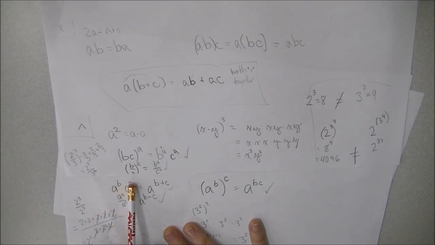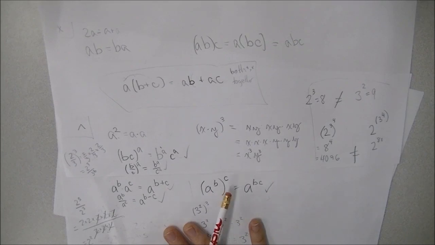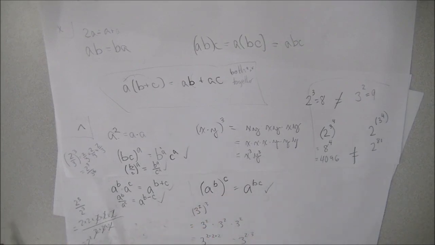What happens is the exponents will either add or subtract depending upon whether we're multiplying or dividing. Okay? Also, we know that if we take exponents of exponents, then our exponents will multiply together, and we'll get b times c like that. Okay. Anything else that we can think of?